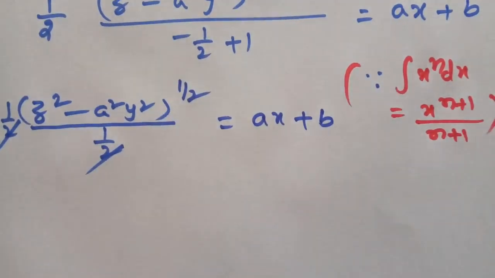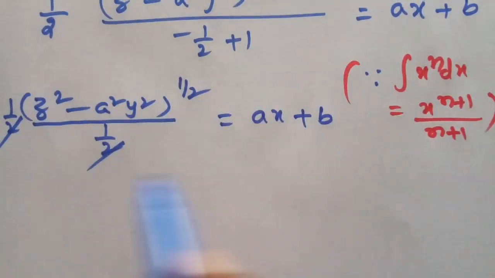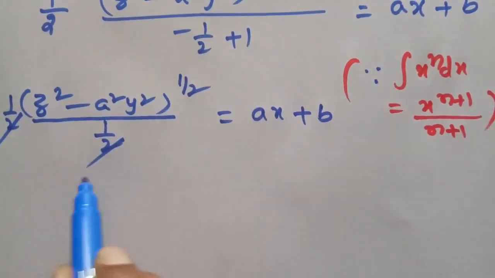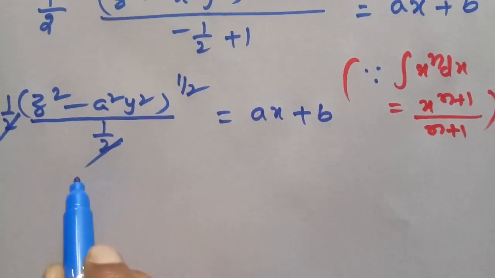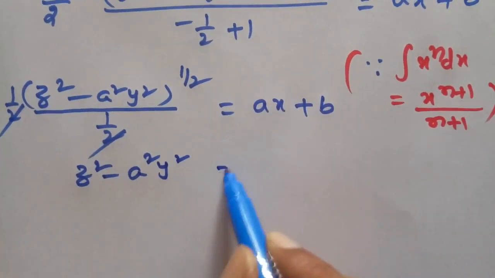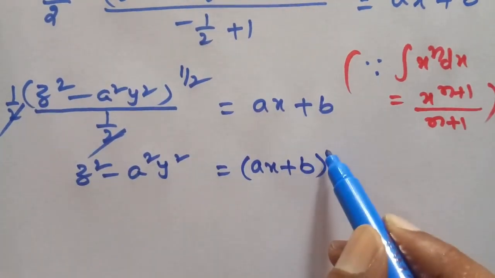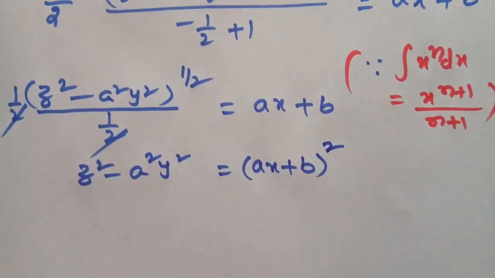Therefore, whole to the power of 1 by 2 means this is a square root. Squaring on both sides, z square minus a square y square is equal to ax plus b whole to the power of 2.